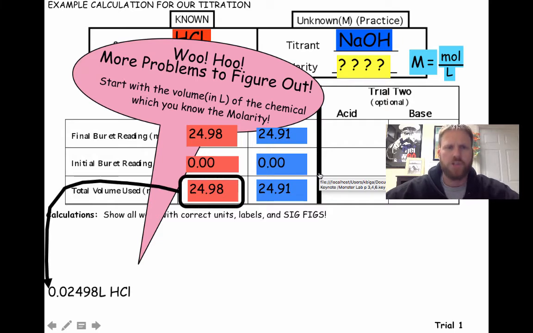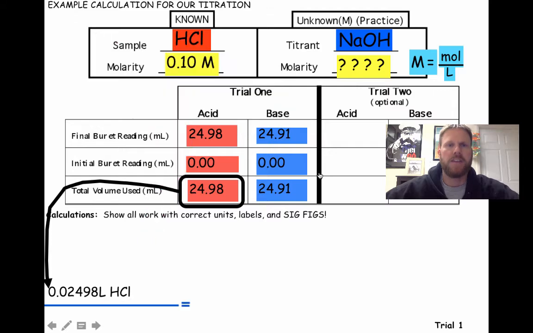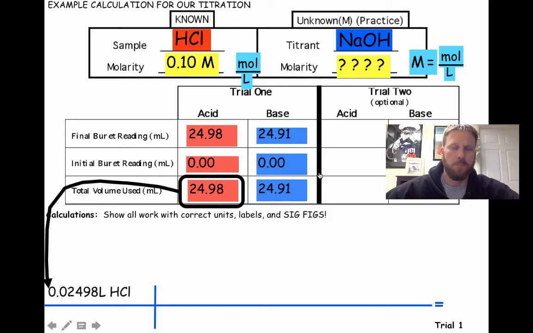So we're going to start with the volume of acid, 24.98 milliliters. I'm going to convert that to liters. You will see all of my numbers will have a unit in a label. I can then use the concentration of the acid to convert the volume of HCl to moles of HCl, because a concentration, a molarity, means moles per liter.